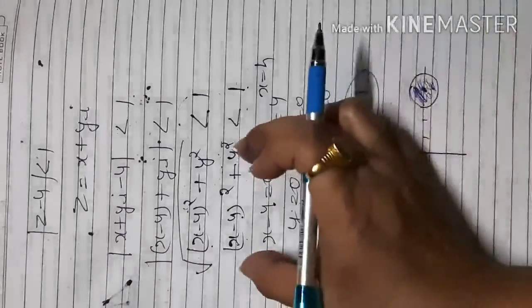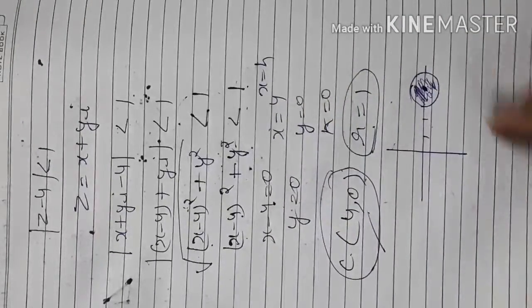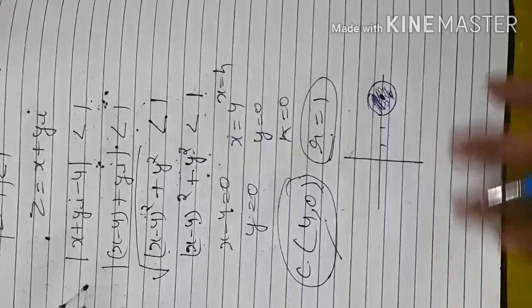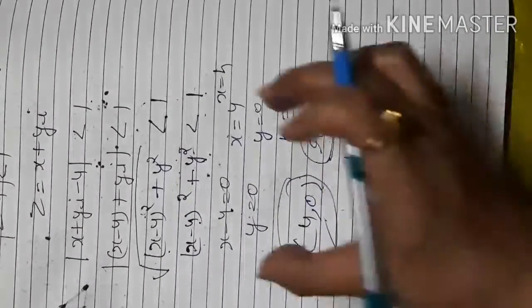Okay, suppose I open this equation in second-degree form, like x minus 4 whole square. According to that, how can I identify the center? I will show you the second method also.